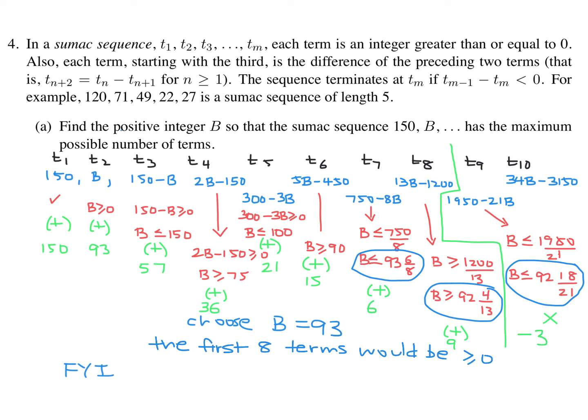And that's why the sequence would end, because it terminates when a term is less than 0. So choose B equals 93 so that the Sumac sequence has the maximum possible number of terms.